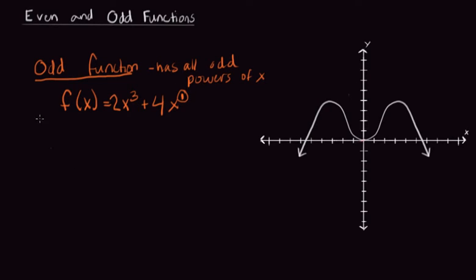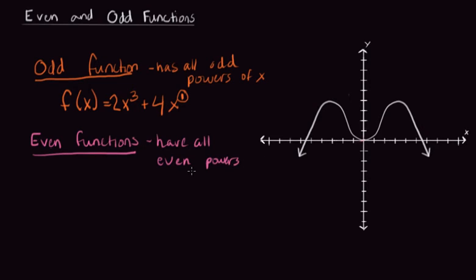So even functions are kind of the same. Even functions have all even powers of x. For example, f of x equals x to the 4th plus 3x squared plus 7.